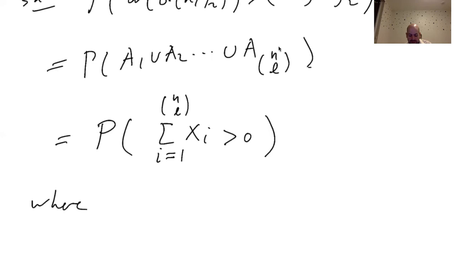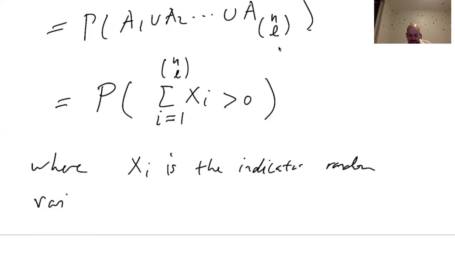Where X_i is the indicator random variable for A_i.